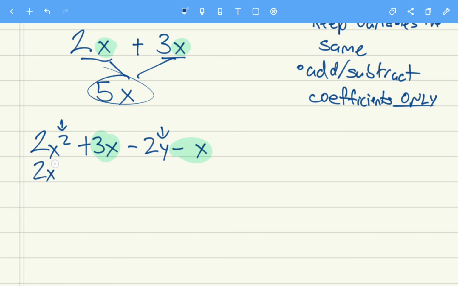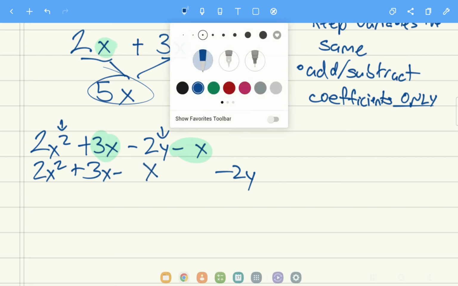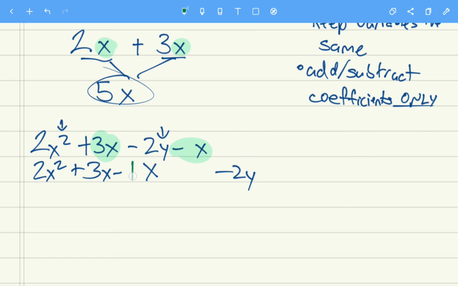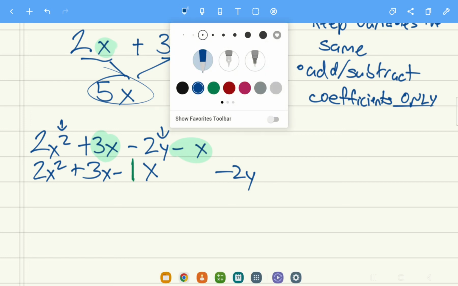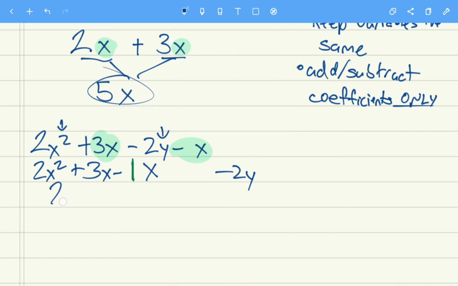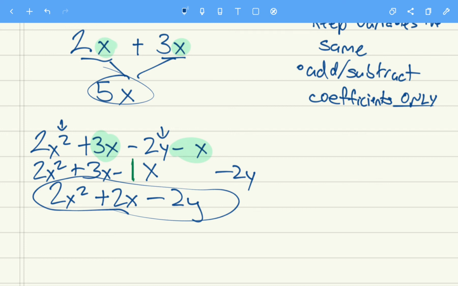So you will keep those as is. I'm going to put this at the end. But then we have plus 3x minus x. And if you don't see a number, there is an invisible 1 in the front. So we have 3x minus 1x, which gives us 2x. 3 minus 1 is 2. And that is as simple as we can go. We cannot combine these any further.